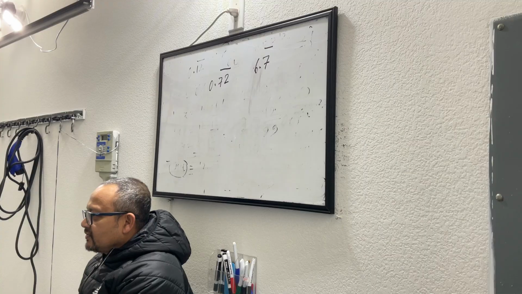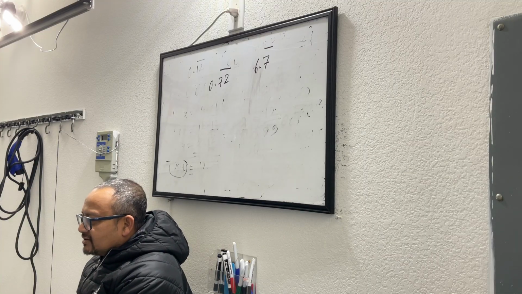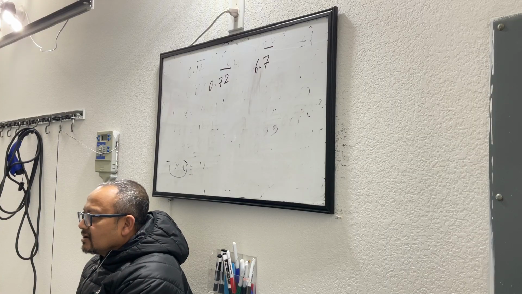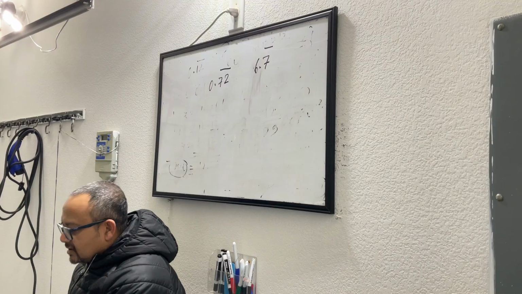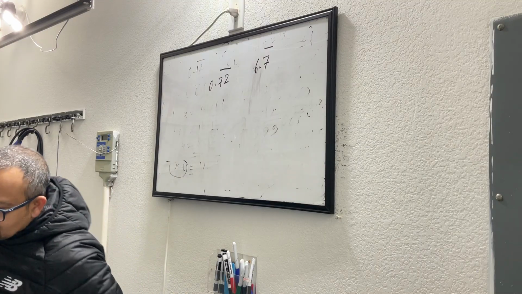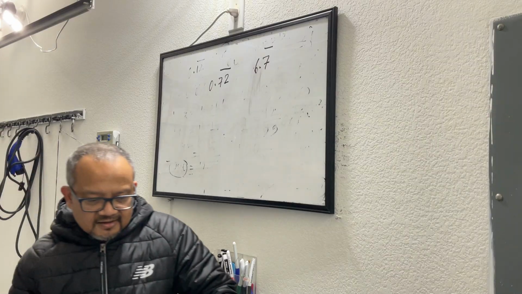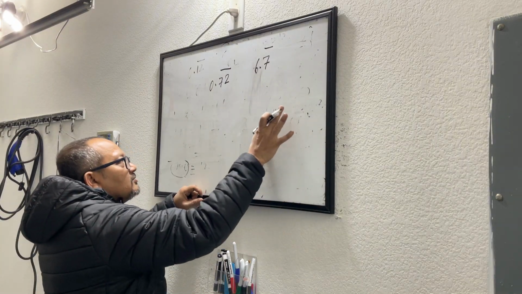Ajik, Arav, Nihan. Yes, Sanvita. For 0.72 repeating, I got the fraction of 8 over 11 after simplifying it. And then for 6.7 repeating, I got 61 over 9, but as a mixed number, it's 6 and 7 ninths. One more time.